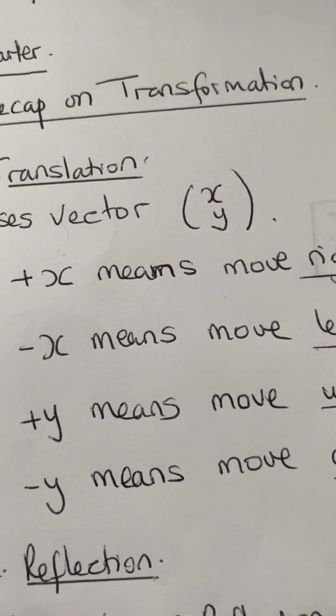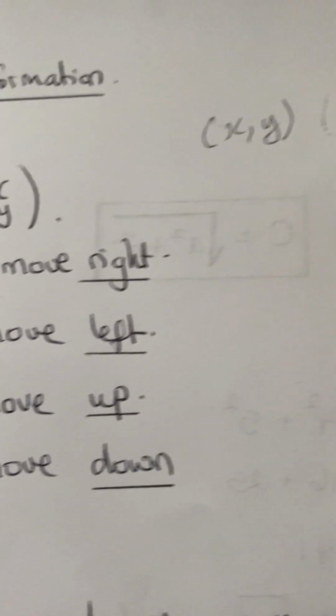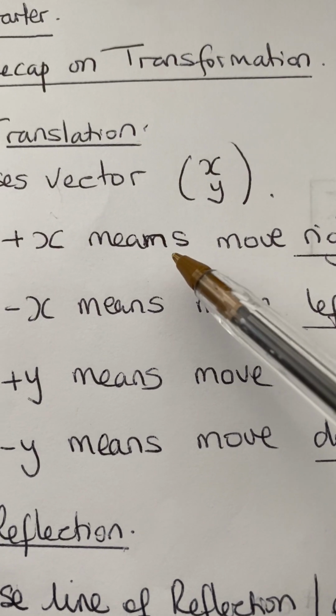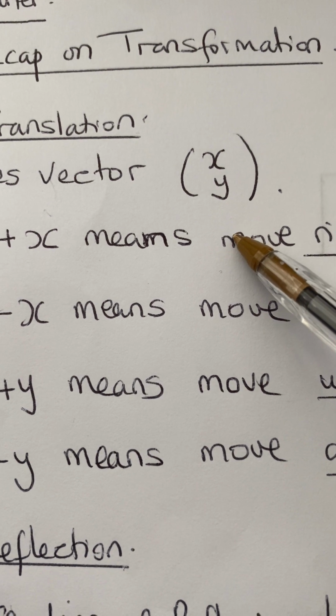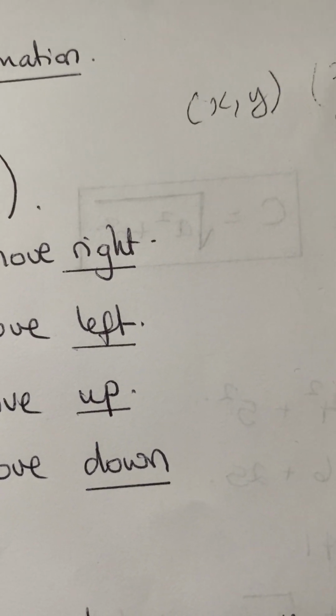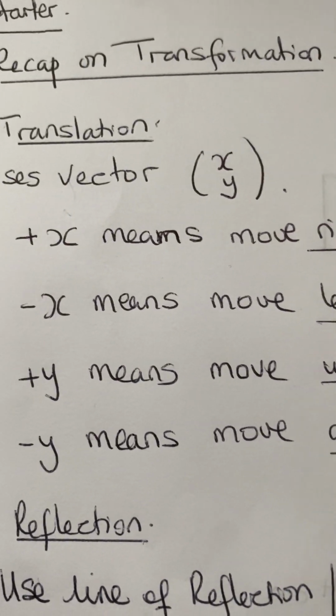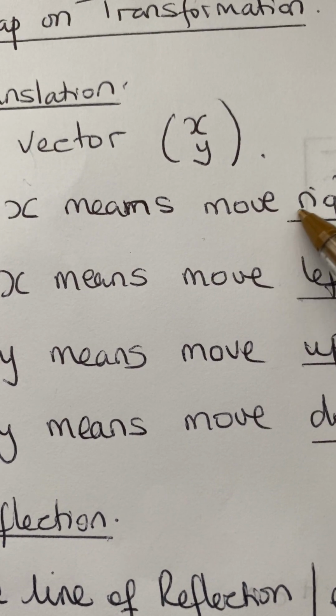So for instance, if they say to us translate a coordinate, and the value is positive, for instance 2 for the x, it means move right.